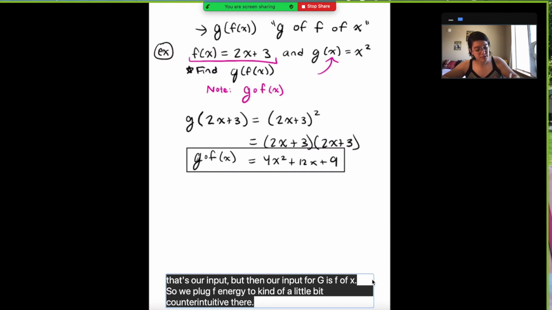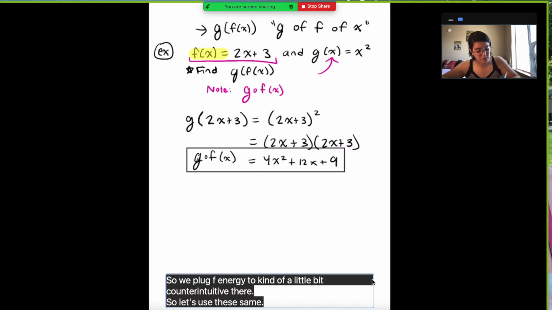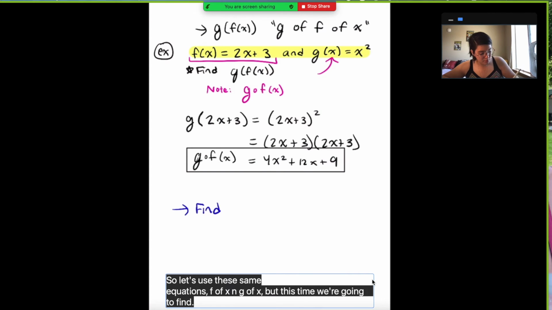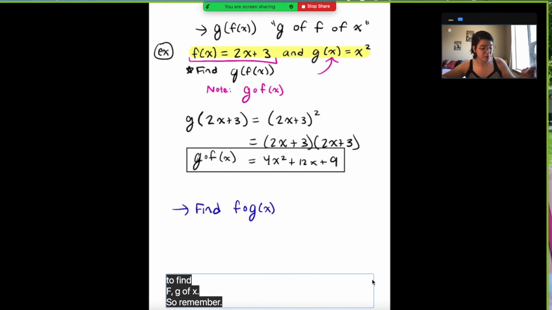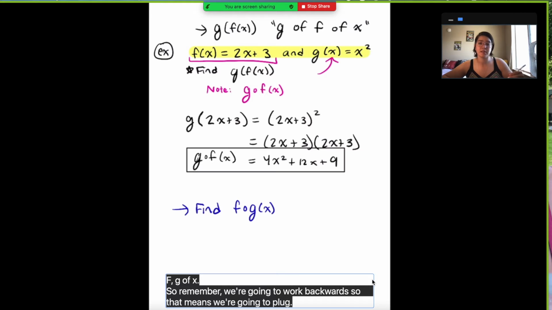So let's use these same equations f of x and g of x, but this time we're going to find f of g of x. Remember, we're going to work backwards, so that means we're going to plug g of x into f of x.